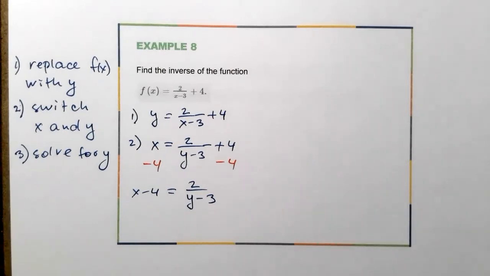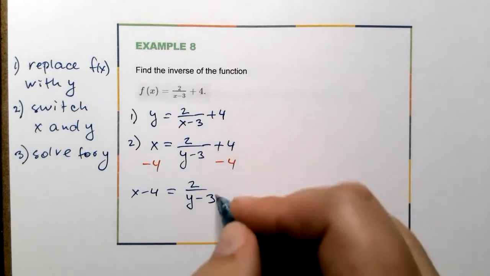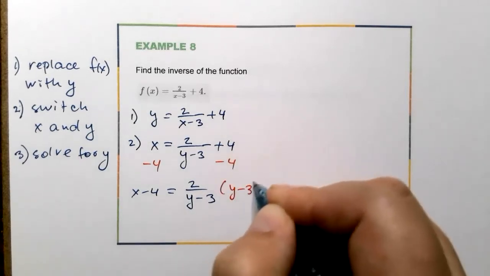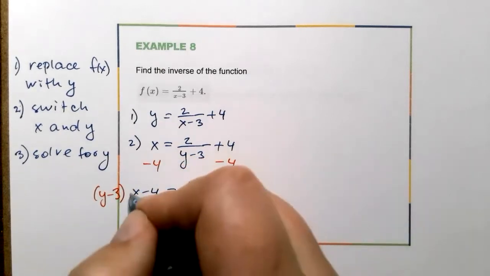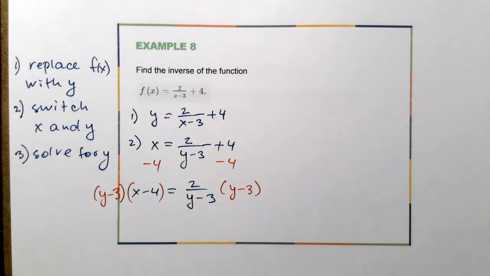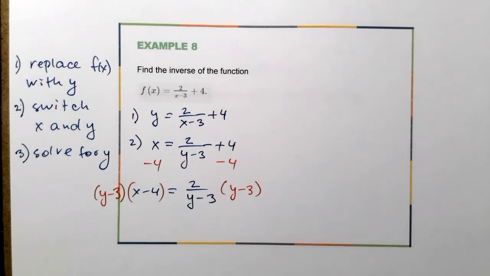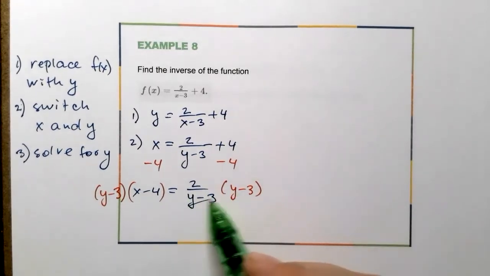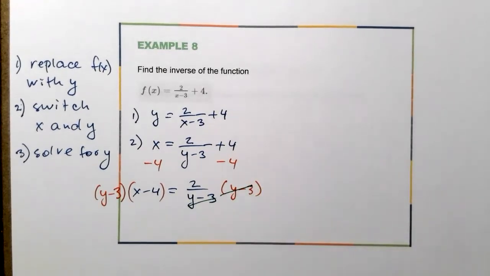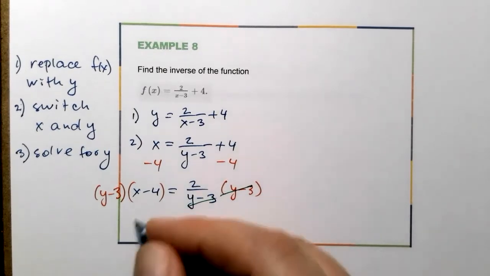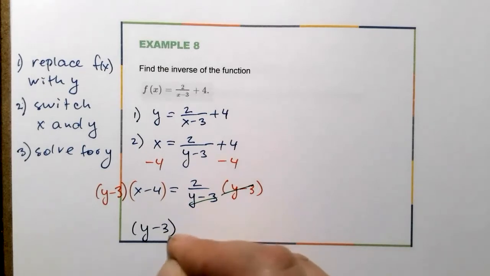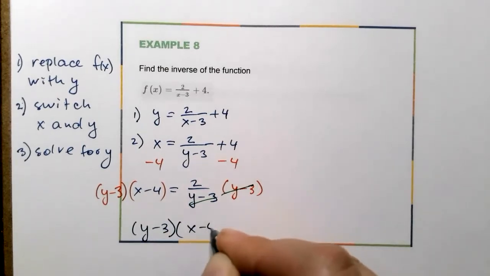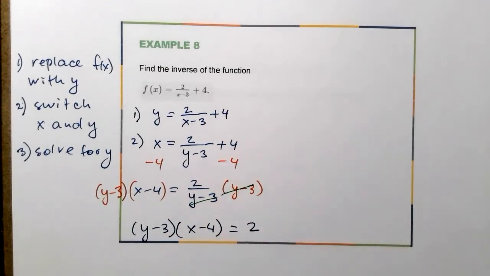I have to bring it to the numerator, so I'm going to multiply both sides by y minus 3. So y minus 3 and y minus 3 cancel out, and I have y minus 3 times x minus 4 equals 2.